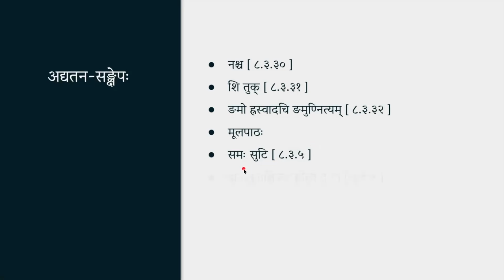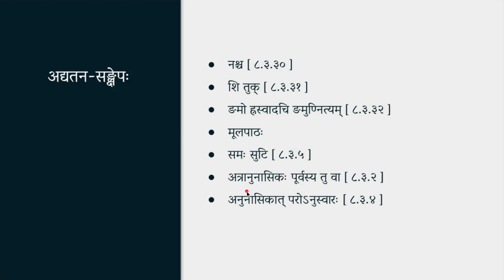Ru ityasya kim karaniyam ityanena tatra adhikara sutram dvayam drishtam. Atra anunasikaha purvasya tu va ityanena, ru ityasmat purvam vidyamanasya varnasya anunasika adeshaha bhavati. Yadi anunasika adeshaha na bhavati, vikalpena na bhavati chet, tatra anunasikat paranuswaraha ityanena adhikara sutrena tatra purutana varnasya varnat param anuswaraha bhavati iti drishtam.